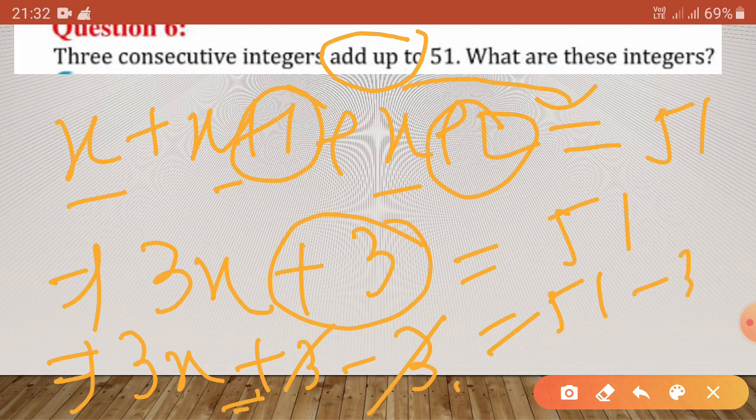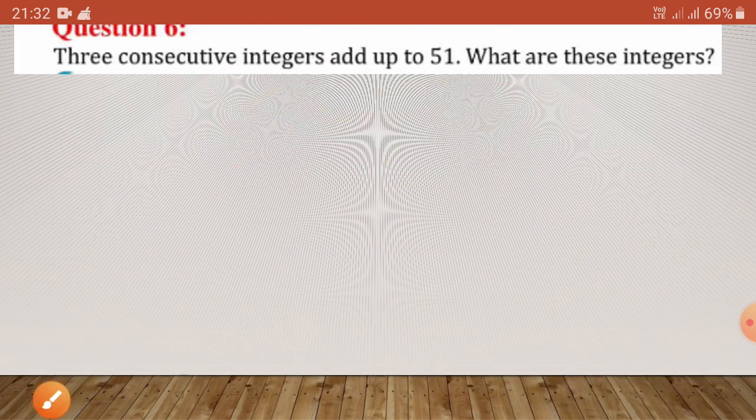So we got 3x on the left side, and on the right side we got 48, because 51 minus 3 gives us 48. So basically we got 3x equal to 48.